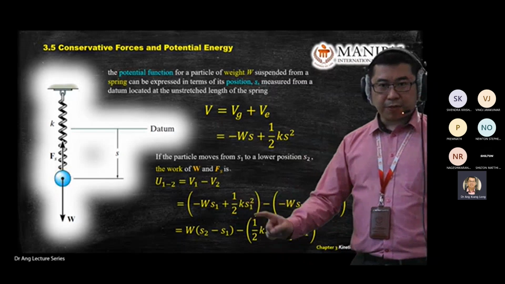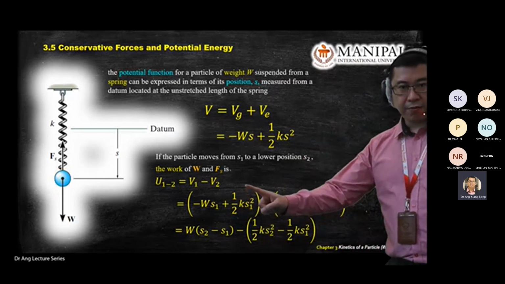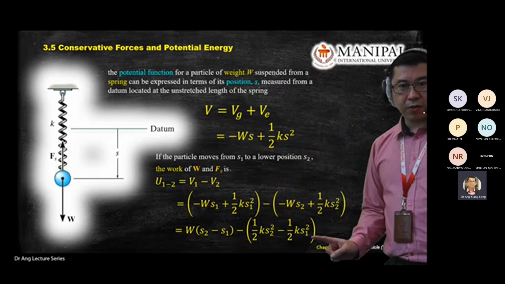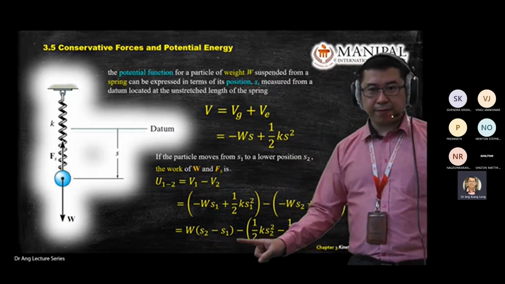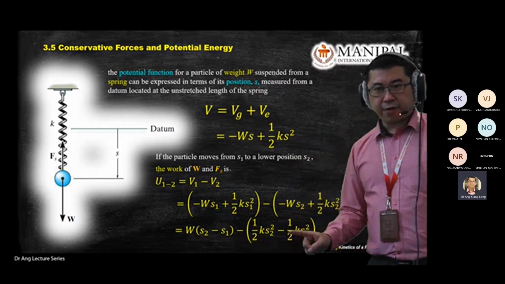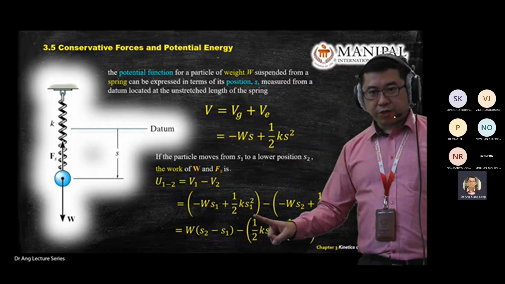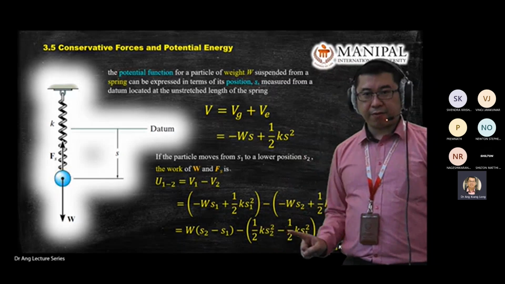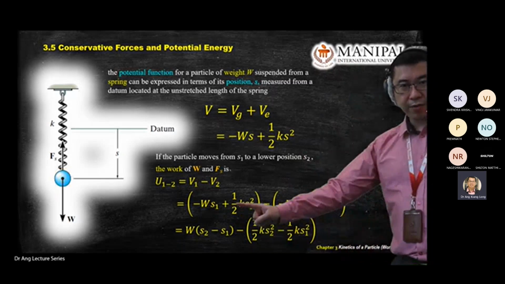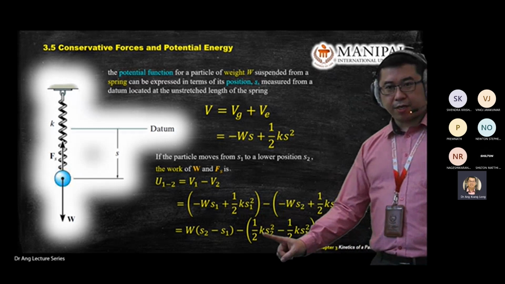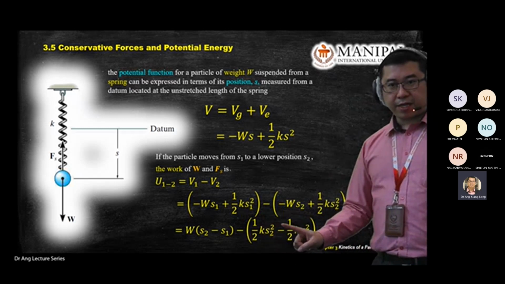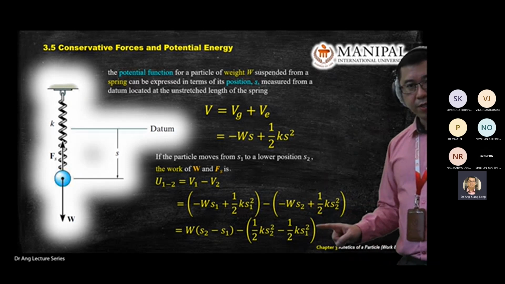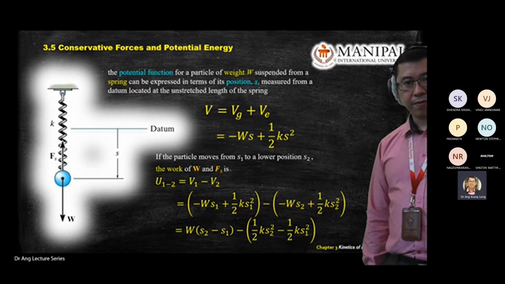So this is positive, half KS1 squared. If you want to write it in mathematical form with a negative in front of the bracket, you change the positive to negative, and you still get the same representation. It's just a rearrangement of the equation from here to here.